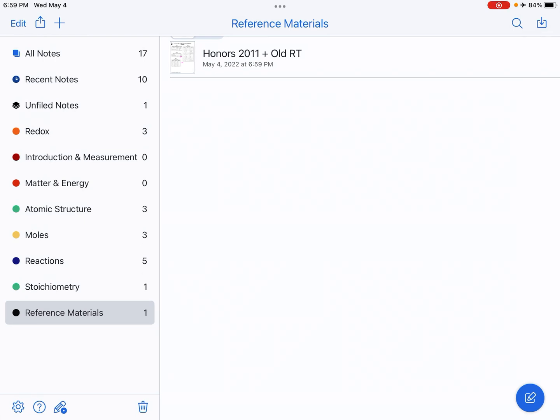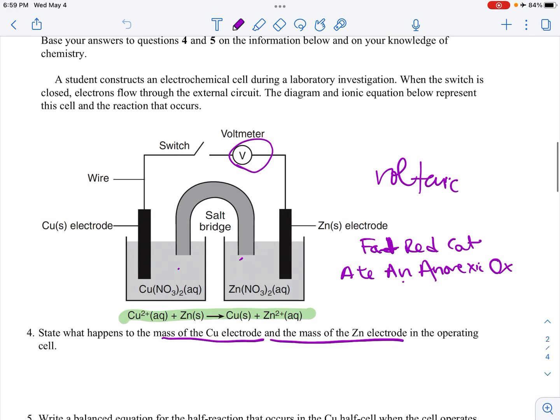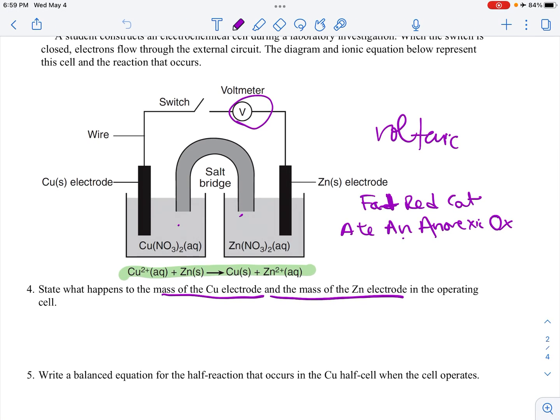Back to this. So we said zinc was more easily oxidized. So this is going to lose electrons, which means this is the anorexic ox. Electrons are going to go this way.